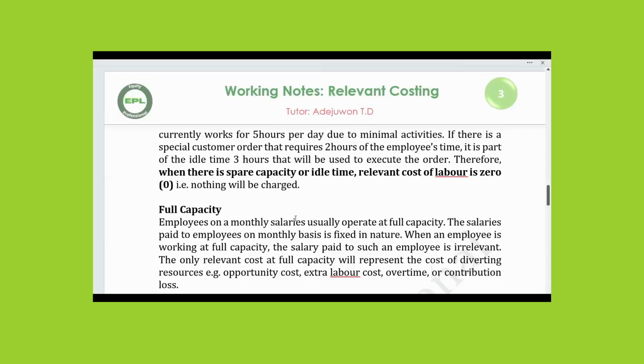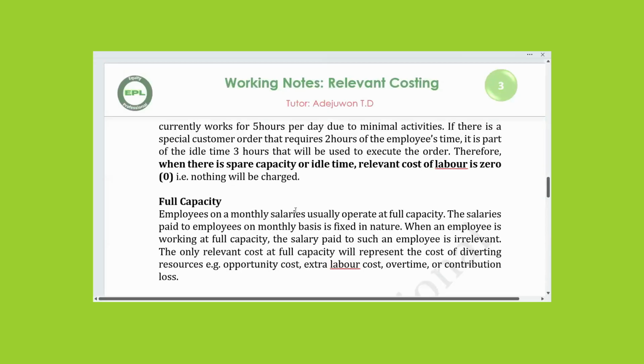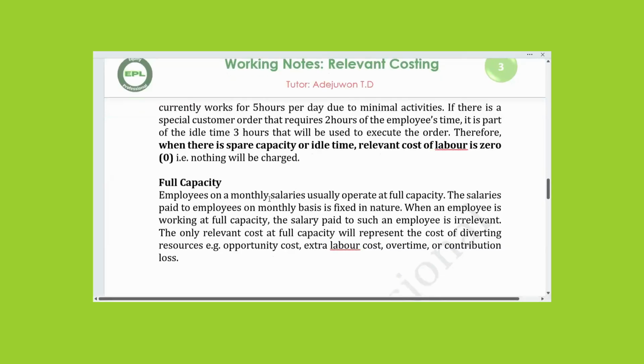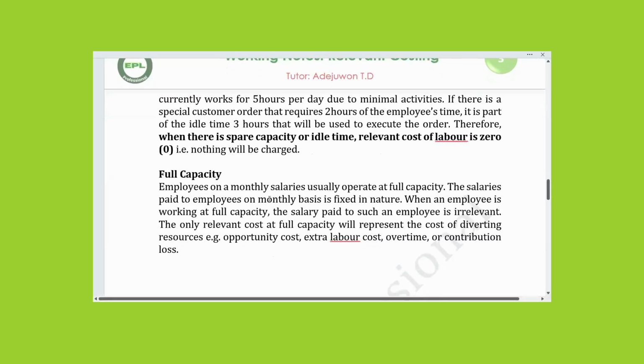I have to clarify that. Don't go and be demanding from your employer that, oh, Mr. Adeju once said if I work after my closing time, the company should pay me overtime. You're on your own. That's not what I said. All right, let's move on. So these are the things you need to consider.